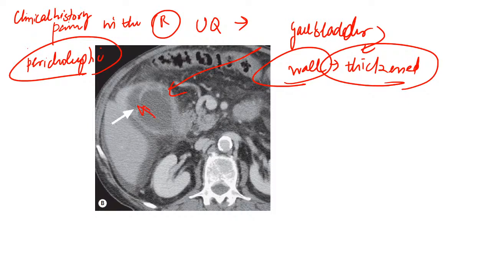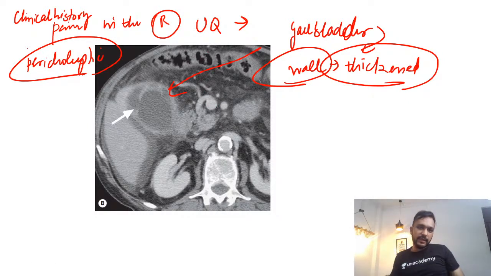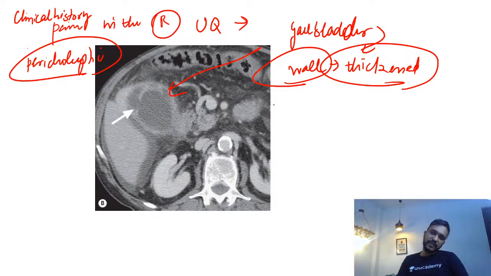So guys, can you tell me what is this case? Thickening of the gallbladder along with pericholecystic fluid. This was the case of acute cholecystitis.